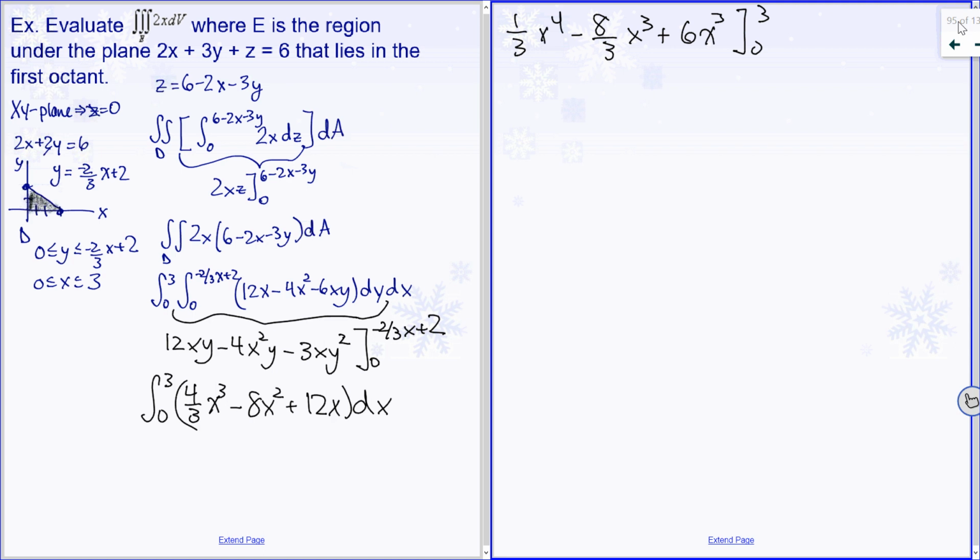Since that's squared, or no, it's cubed. What's cubed? 2 squared. Thank you. So we got 27 minus.